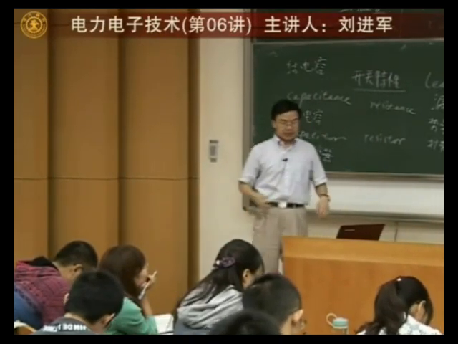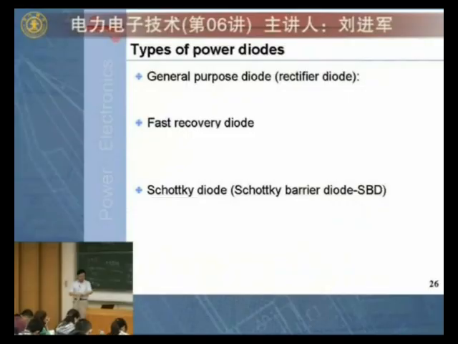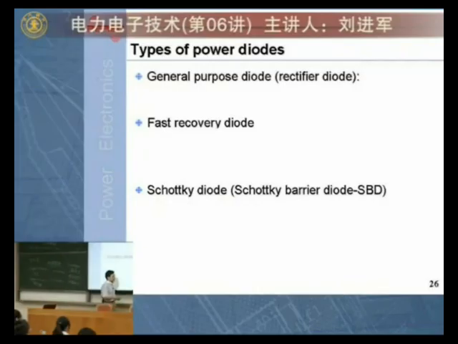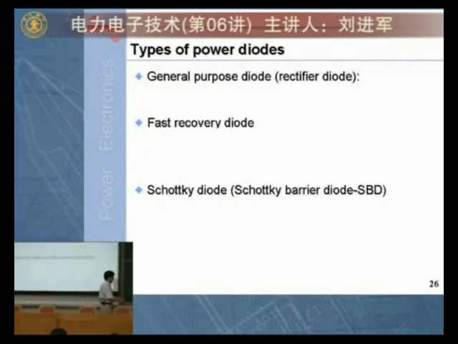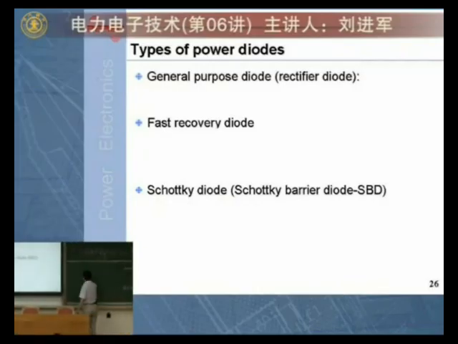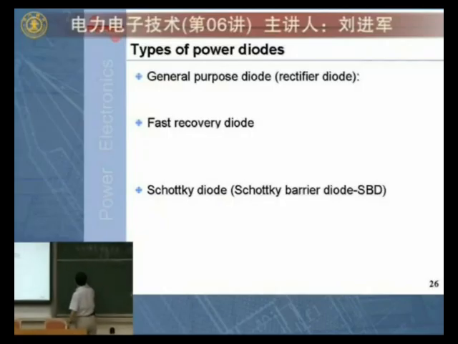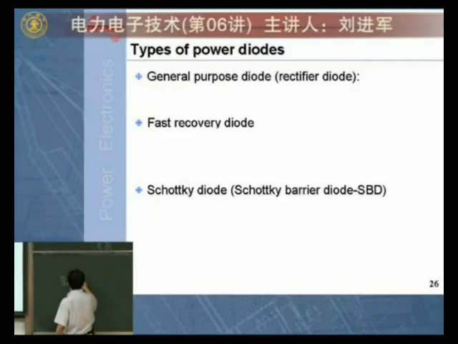Okay, and there are several types of power diodes. You have the general purpose diode. Another name is rectifier diode, or general purpose power diode.